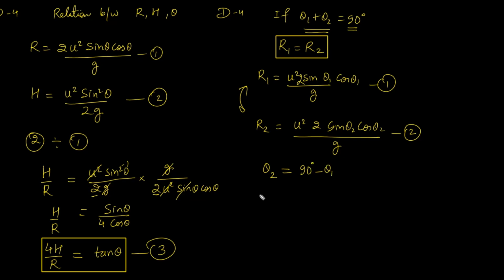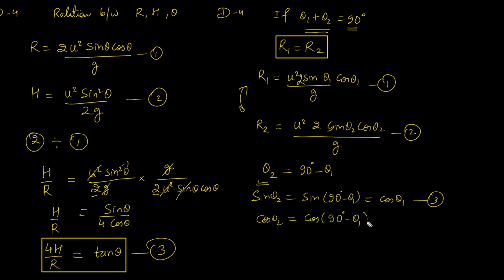Now I am taking sine on both the sides. So sine theta 2 will be sine of 90 minus theta 1, which is nothing but cos theta 1. Same way, if we take cos theta 2 on both sides, cos theta 2 will be cos of 90 minus theta 1, which means sine theta 1.